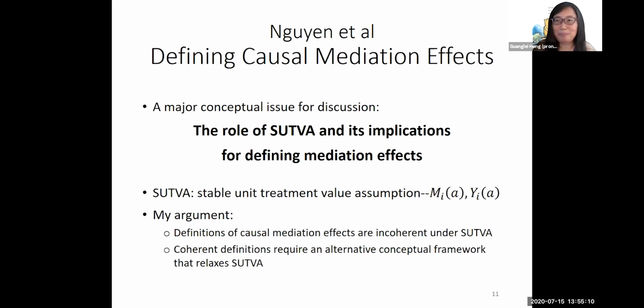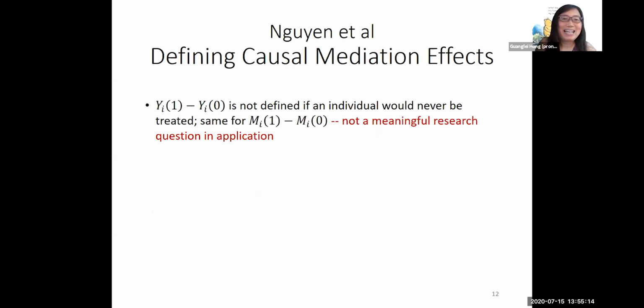Now, these are big arguments. I'm not sure if I can make it clear in 2 minutes. So just briefly, we all know this is the treatment effect for individual i, right? It's not defined if an individual would never be treated. My example would be from the kindergarten retention study. If a child would never be retained, Y sub i0 minus Y sub i1 is not meaningful.